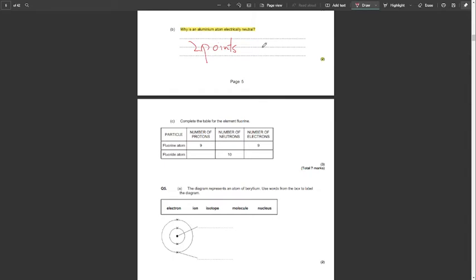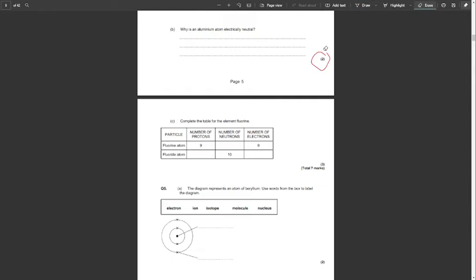Okay, so that could be that you make 1 point and explain it, or you make 2 different points about why it's electrically neutral. But either way, you need to write 2 things, because it's asking you for 2 things through the marks implicitly.